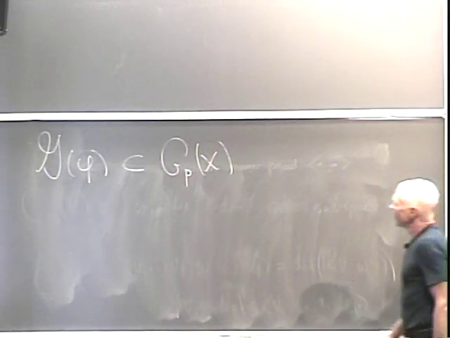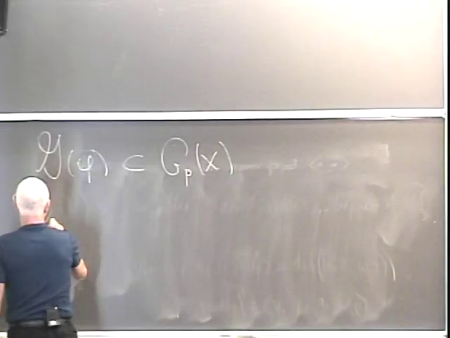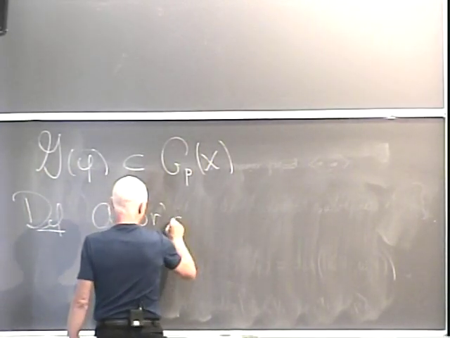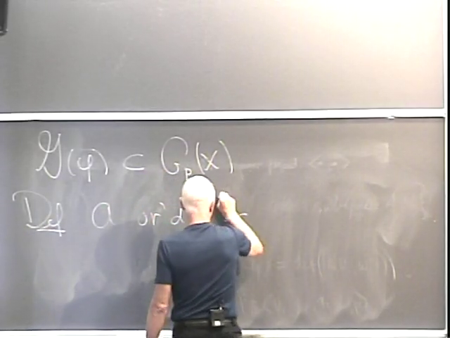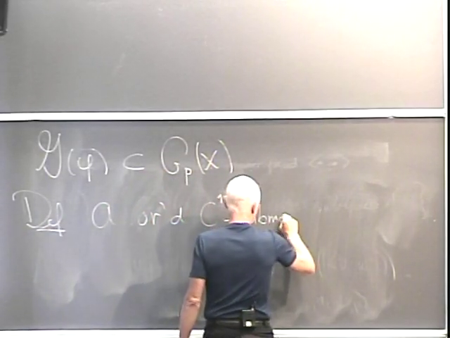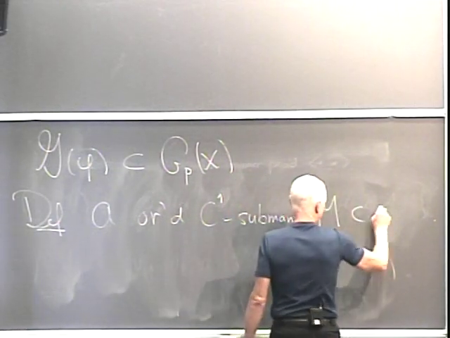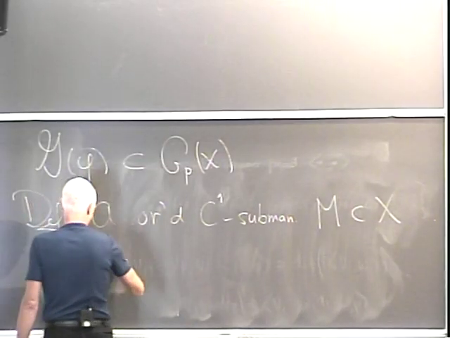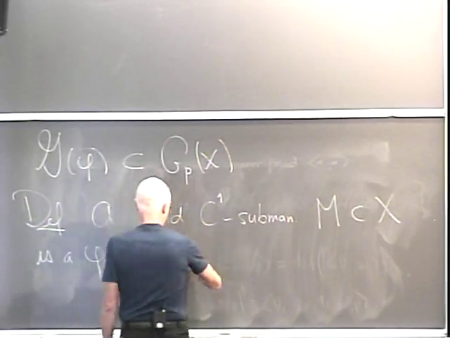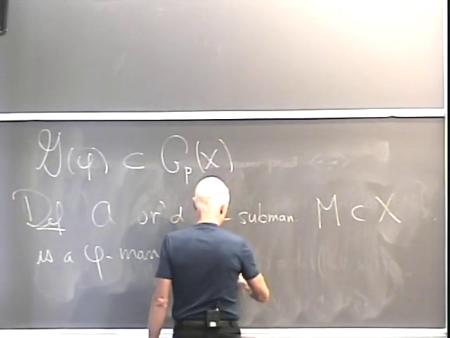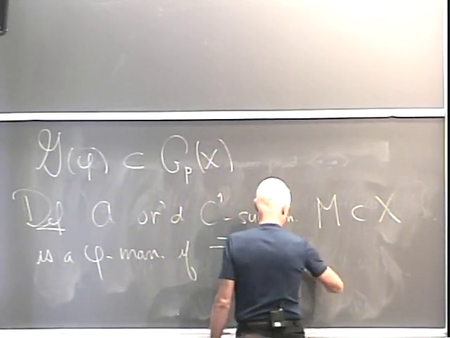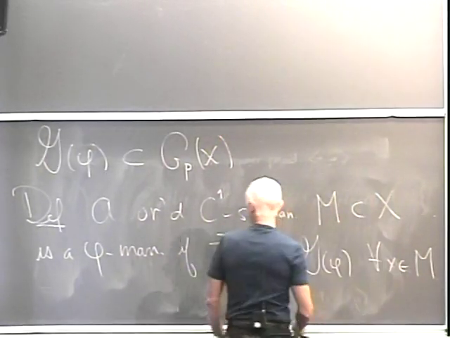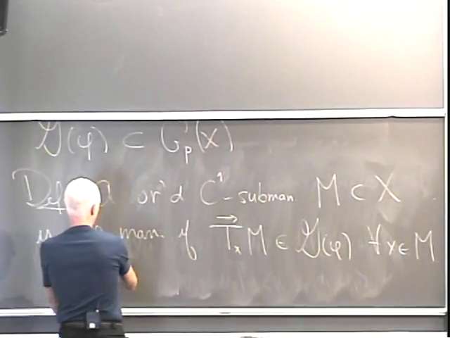Okay, and then definition: an oriented C1 submanifold M in X is a phi manifold if the oriented tangent plane is in this set for all points in the submanifold. So that's what we mean by a phi manifold.